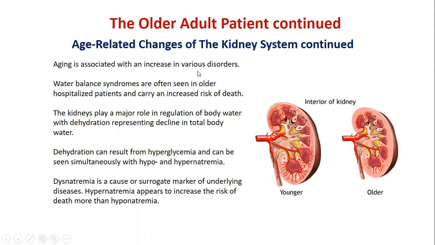So, age-related changes in the kidney basically increase collagen deposition in the kidney and reduce renal blood flow, and glomerular filtration rate is reduced, with loss of nephrons and abnormal nephron structure.